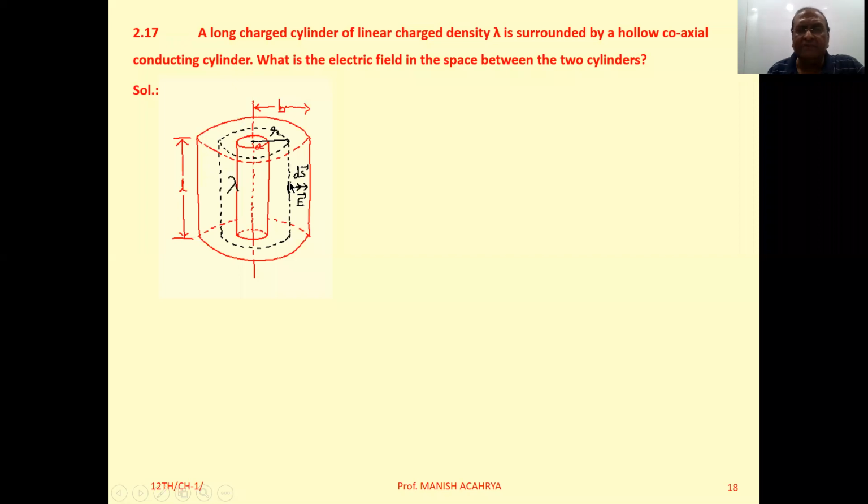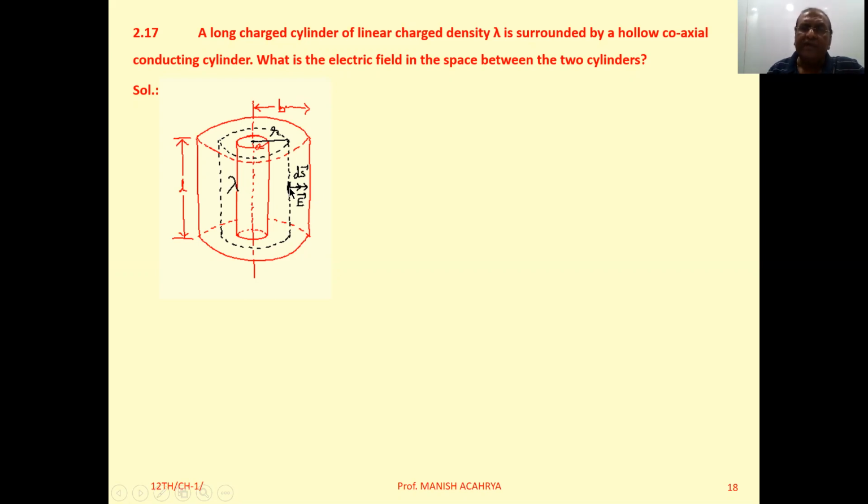Now suppose we consider an infinitesimally small surface element on the cylindrically curved surface, then its area vector, perpendicular to it, ds, will be as shown in this figure, and the electric field is radially outward.